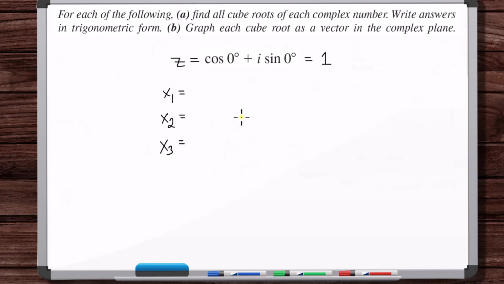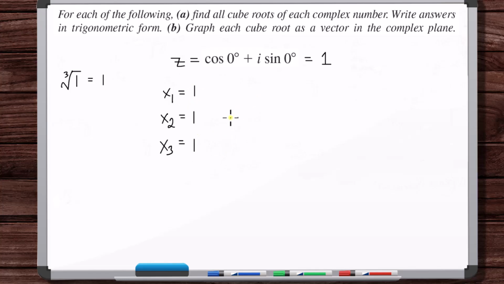All their radii are going to be the same, and the radius is given by the principal nth root of the radius. You put the complex number you're working with in polar form, first look at what the radius is, and take the principal nth root of that radius. That's 1. So each of these is going to have radius 1.